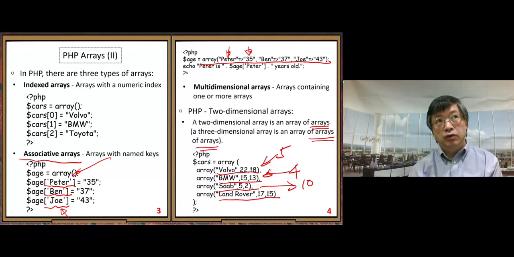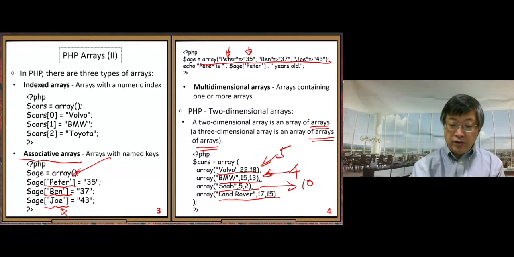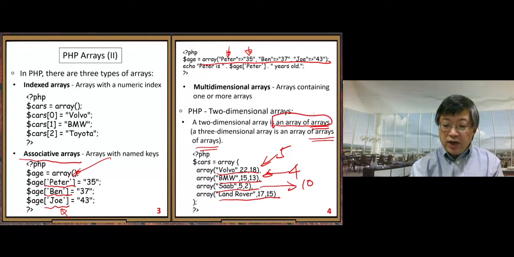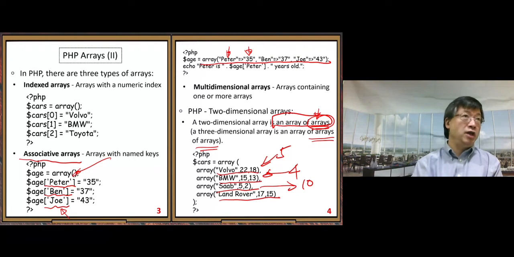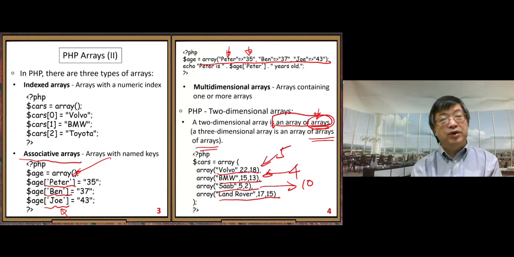But the rule when we define an array of arrays is that we do not say each array should have the same number of elements. Why do I want to emphasize this point?